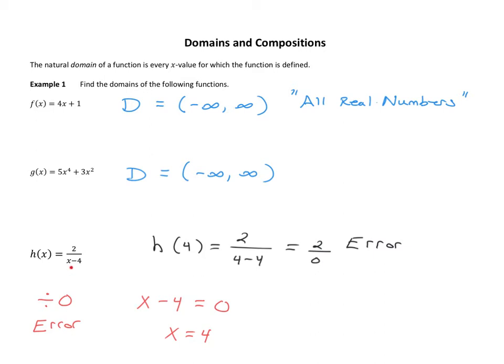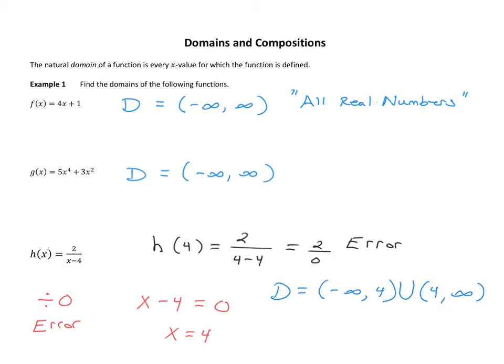Now, every other number is okay, though. Any other number that you choose, anything besides 4, you don't divide by 0, and you would get a number back, so all of those numbers do work. If you want to express this using interval notation, you can say, I can use everything from negative infinity up to and not including 4. I skip over 4 and I say everything from 4 to infinity.